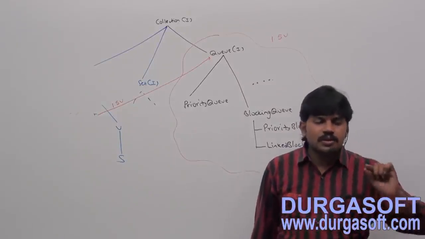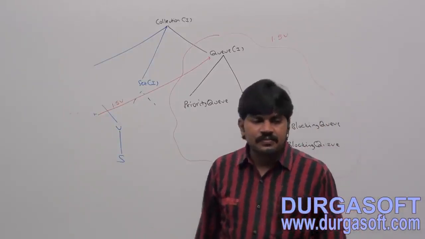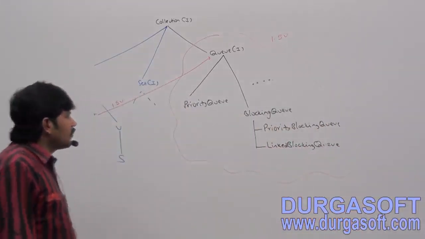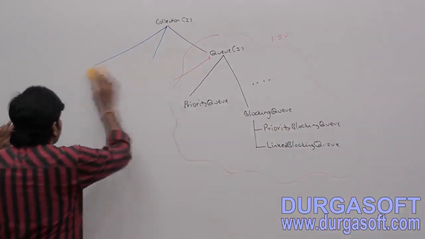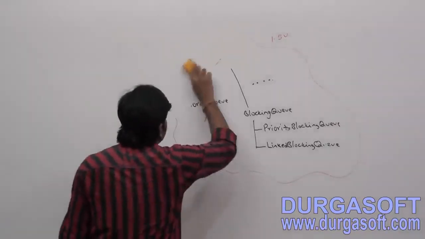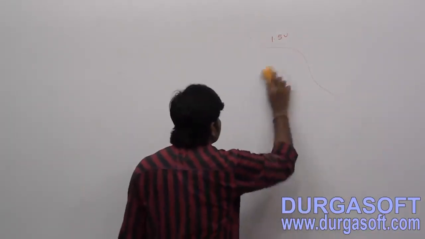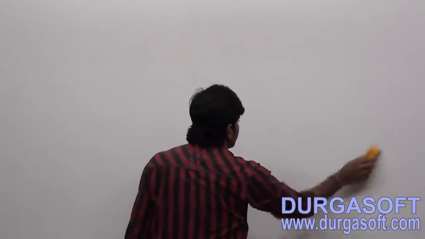Next, a linked list based implementation of queue always follows first in first out order.